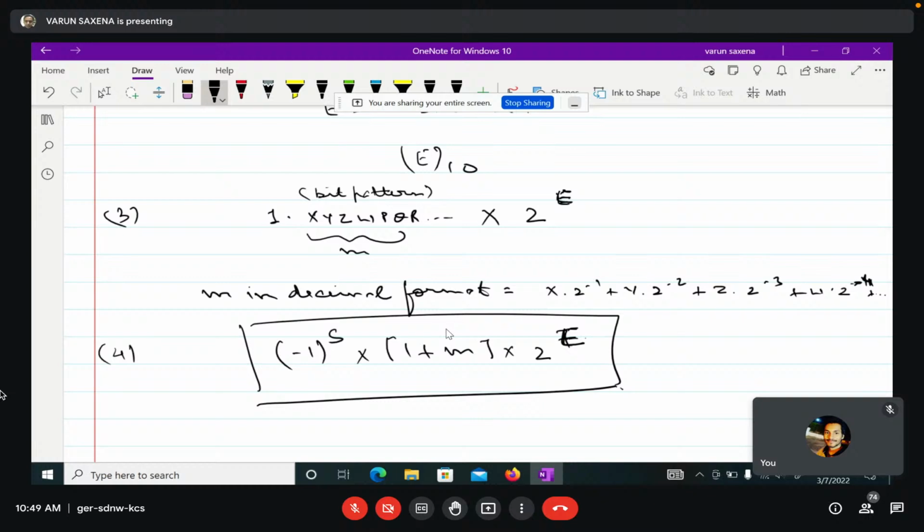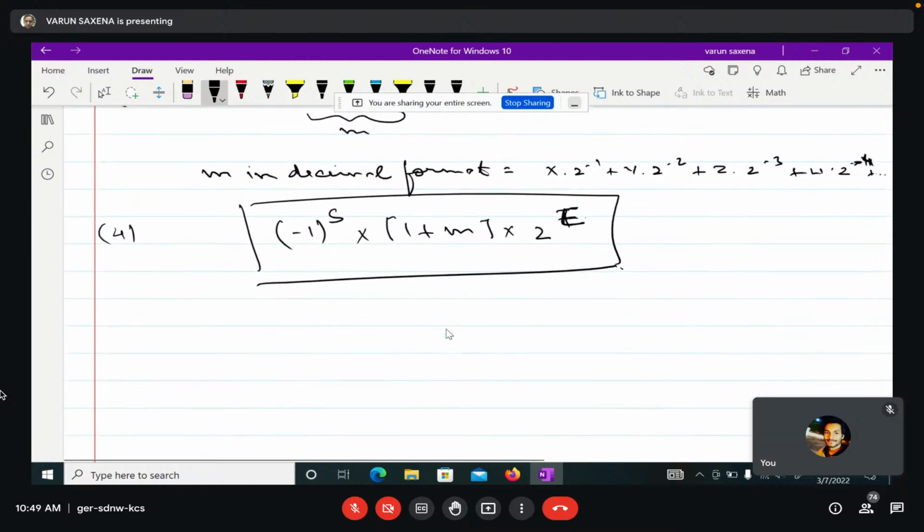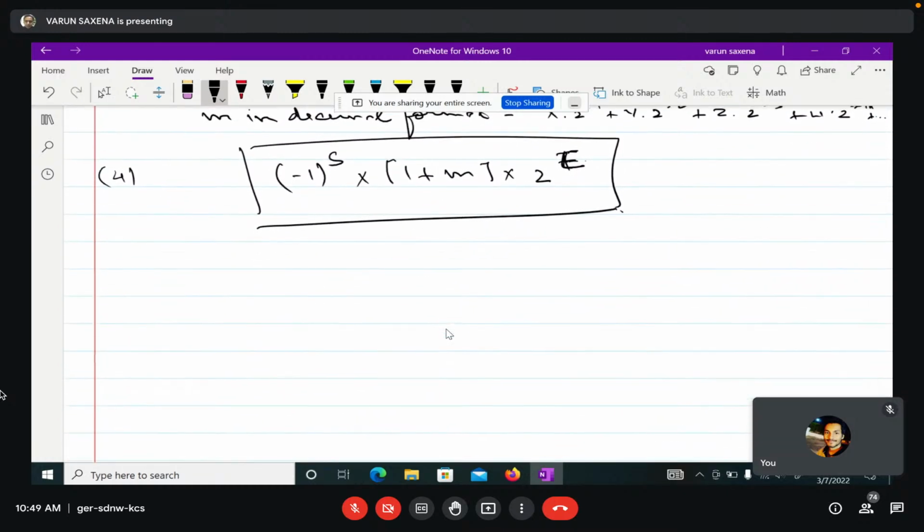I'll just quickly do an example so that you can know how to go ahead. So let me take a number. Let's say this is 0, 1, 0, 0, 0, 0, 1, 1, 1, and then you have 1, 0, 1, 0, 0, 0, 0, 1, 2, 3, 4, 5, 6, 7, 8.